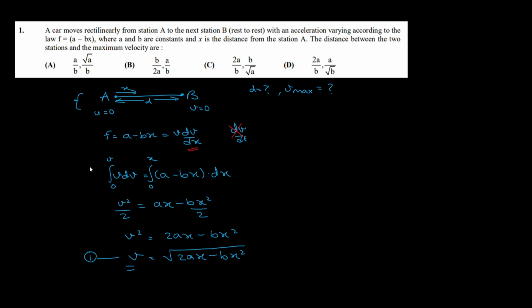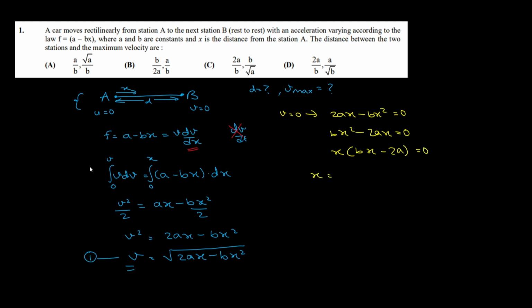So let's put v equal to 0. Squaring it, I'll get 2ax minus bx square is equal to 0. So bx square minus 2ax is equal to 0. I'll take x common, so x times bx minus 2a is equal to 0.